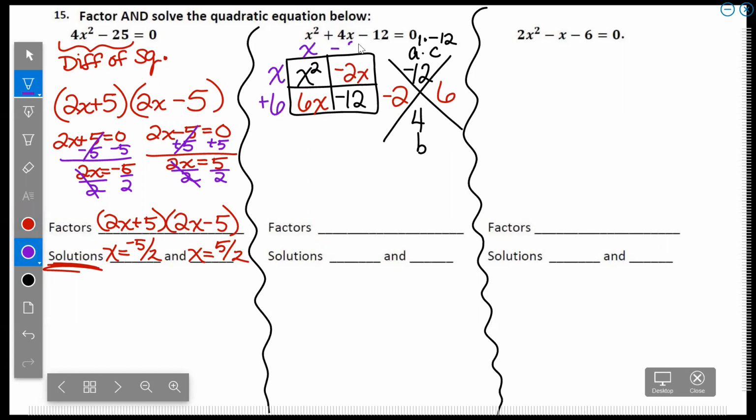I have x and a negative 2 on the other side. X plus 6, x minus 2. So what are my solutions then? Where are my x-intercepts? X equals negative 6. X equals positive 2.